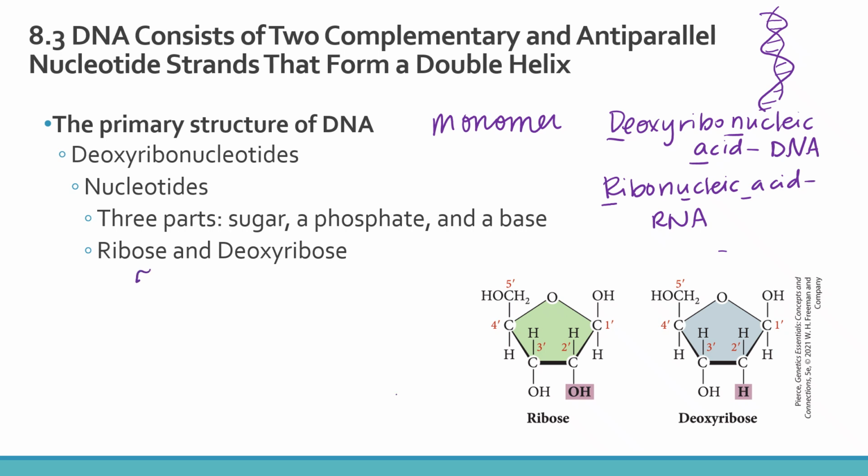Ribose is a 5-carbon sugar, and deoxyribose is the same sugar, except that it is missing an oxygen on one of its carbons. So if we look at these images here, these are ring structures for sugar molecules. Sugar molecules can be linear, but in solution, they fold back on themselves to make a ring shape.